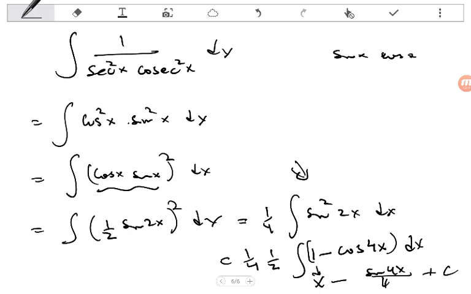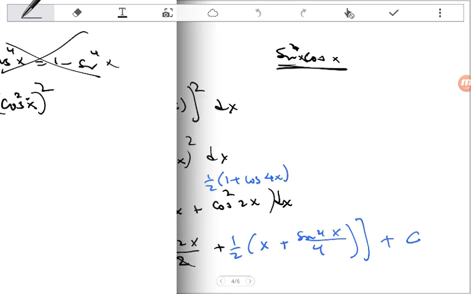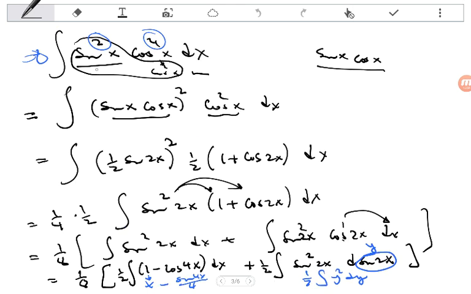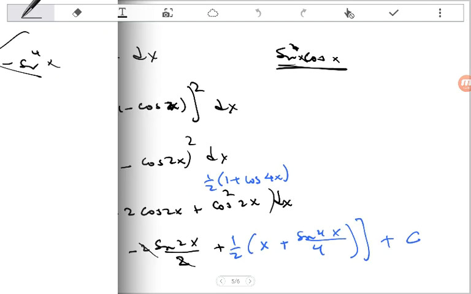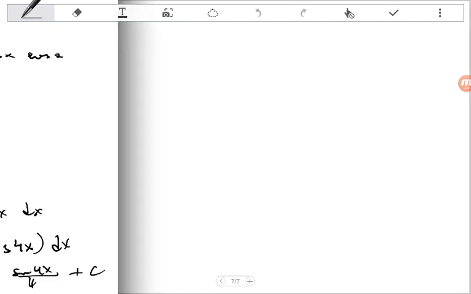Okay, so we have now studied the two cases for finding an odd power or an even power. The first type of trigonometric integrations is the integration of sine power nx cosine power mx.